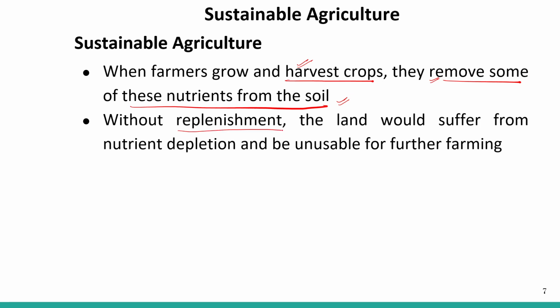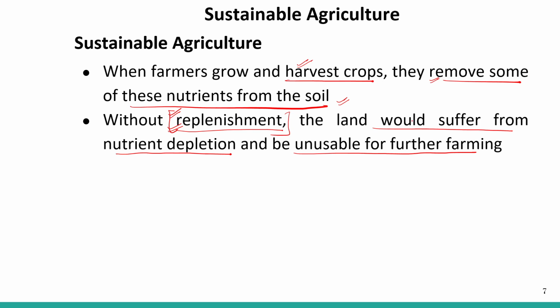So without replenishment, the land would suffer from nutrient depletion and become unusable for further farming. So there must be replenishment of the nutrients after every cycle of crop.